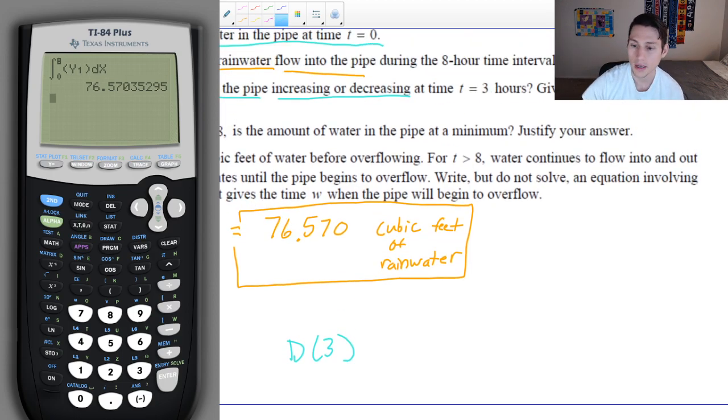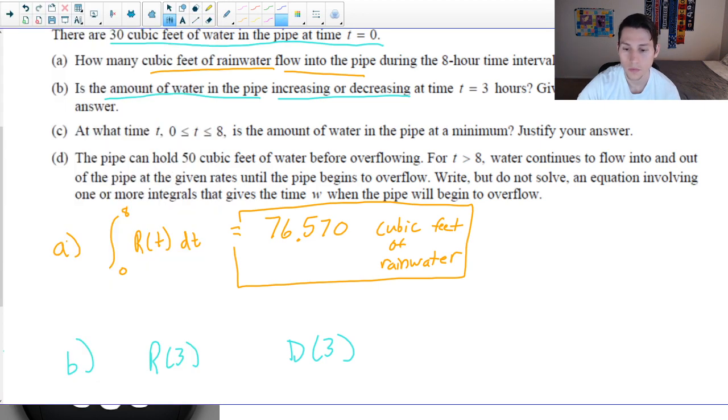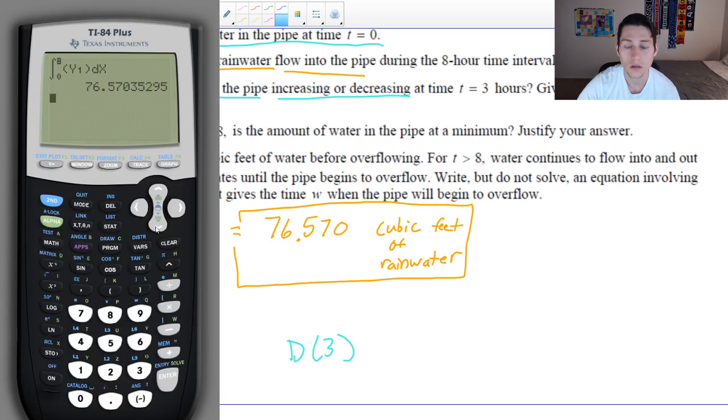Okay, so I'm going to go to my calculator and use my function. So R of 3, so alpha trace, y of 3.